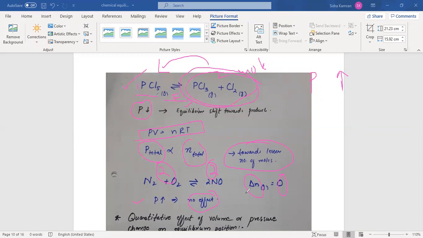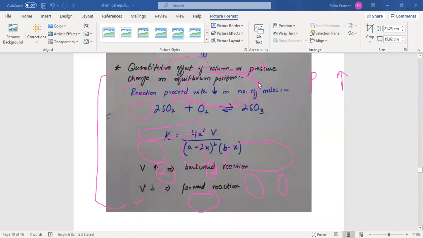Let's talk about the effect of volume or pressure quantitatively on equilibrium position. In the earlier reactions we were discussing qualitatively; now we are going to discuss quantitatively how volume and pressure affect the equilibrium constant. Here is the reaction.